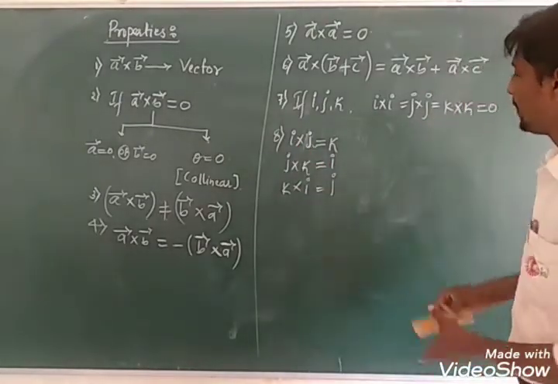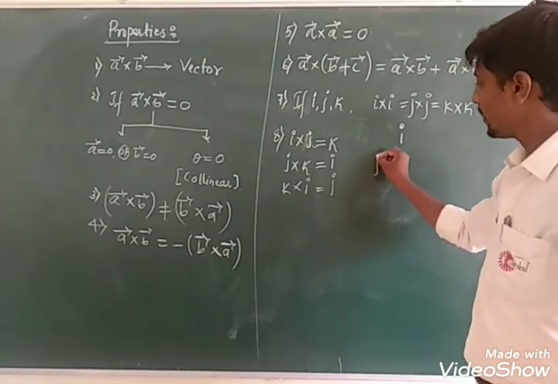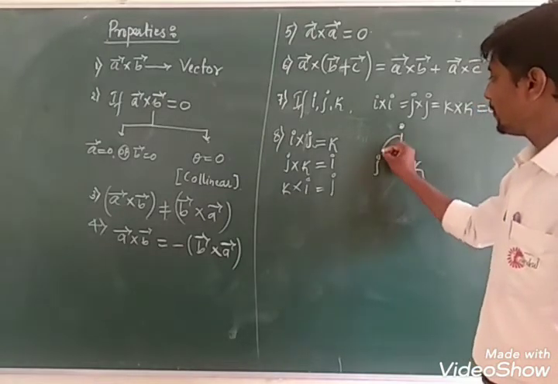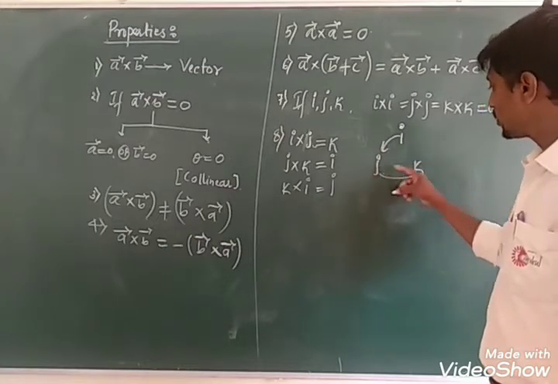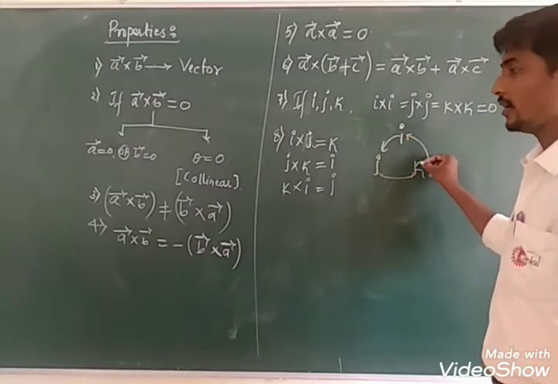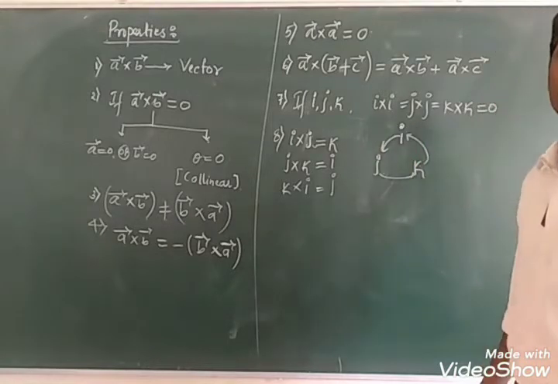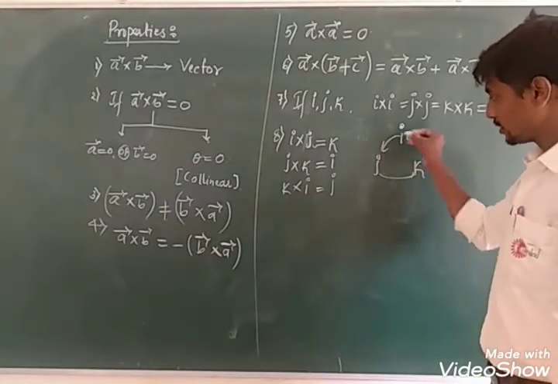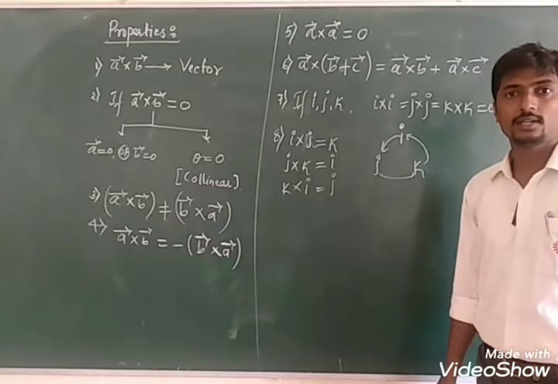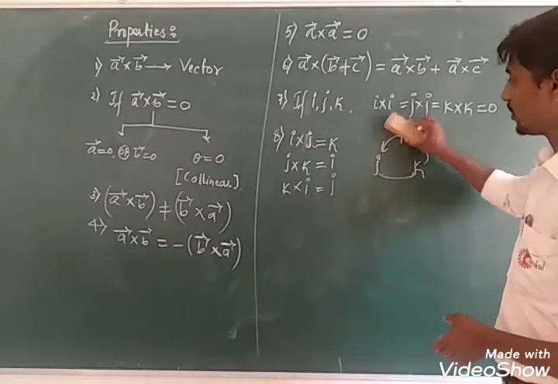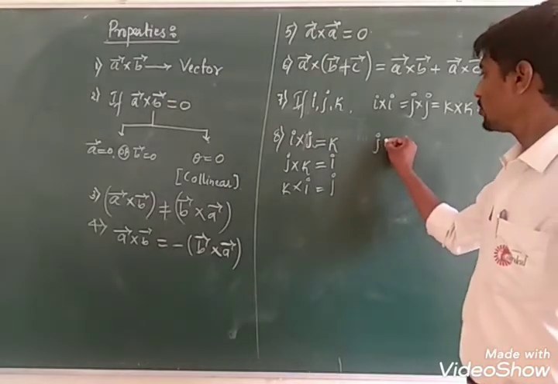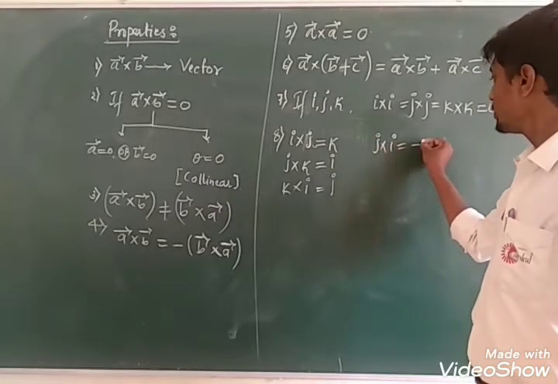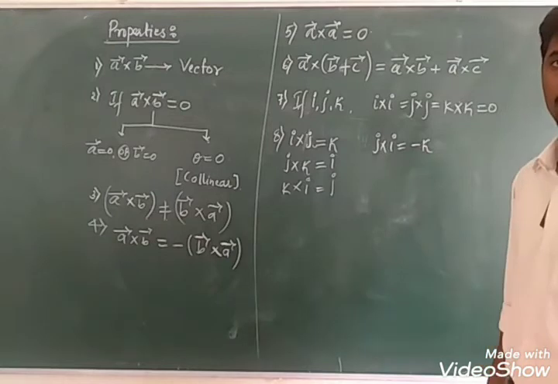I, J, K. I cross J is K, J cross K is I, K cross I is J. This is the cyclic order we considered. If I change the direction, what happens? J cross I will be minus K.